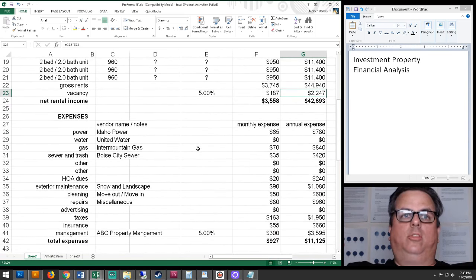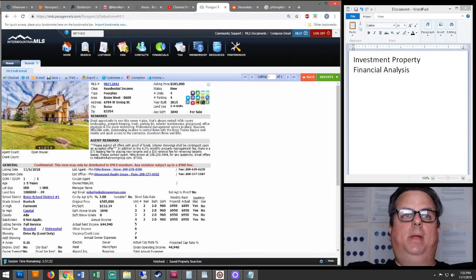Down here we get into expenses, and in expenses, this is where our market here in Boise really begins to show. In some regards, especially when it comes to investment property, we're a little bit amateur hour.